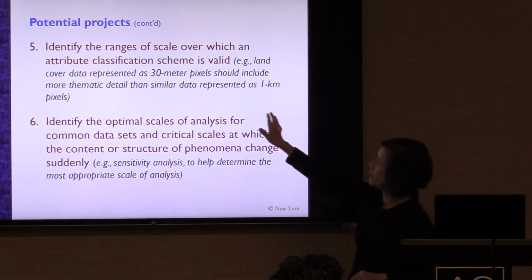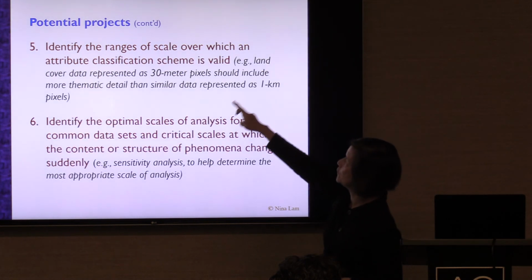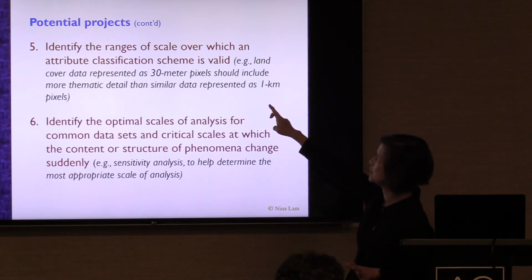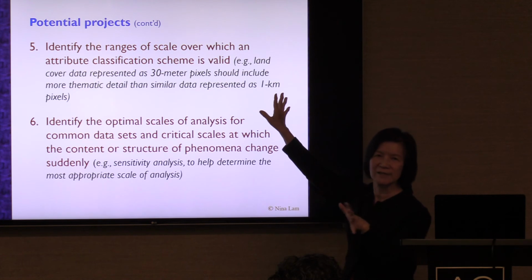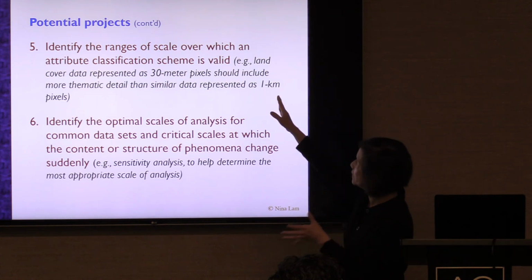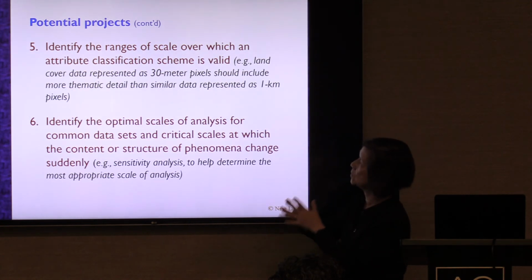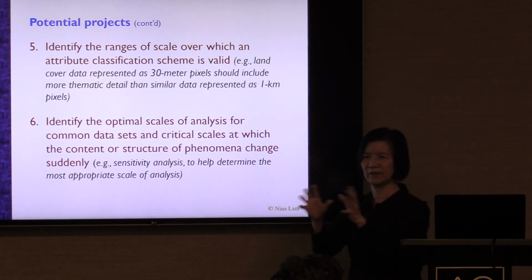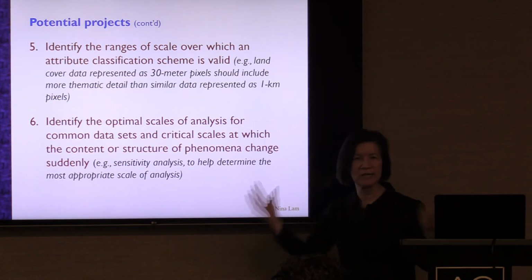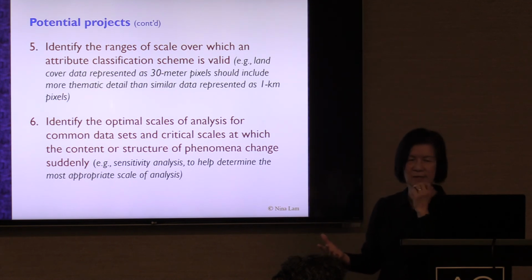And then number 5, identify the range of scale over which an attribute classification scheme is valid. I think this is more related to remote sensing images. If you have a 30-meter pixel, you should be able to identify some difference between different land cover types, as opposed to 1 kilometer remote sensing images.